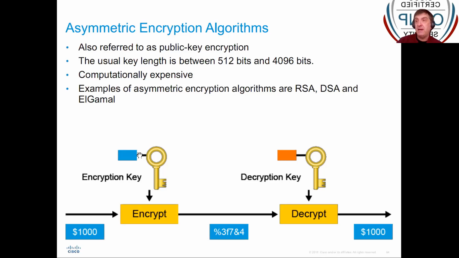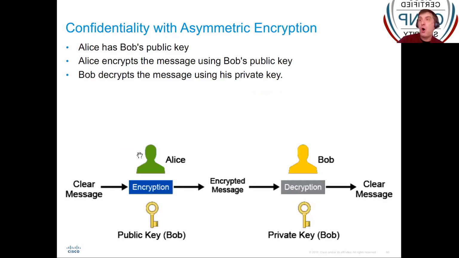But the idea is that we have alternate keys that are mated together. In this example, we see Alice on the left, Bob on the right. Alice has a copy of Bob's public key. Bob, of course, has the mated private key to that key pair. And they are mated together for all intents and purposes in terms of the application that's being used.